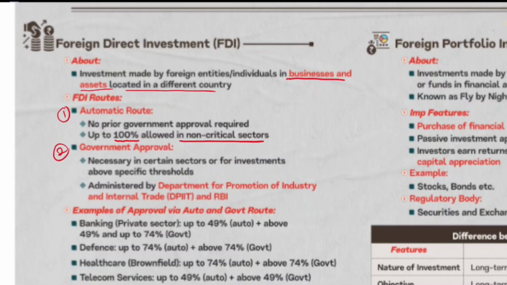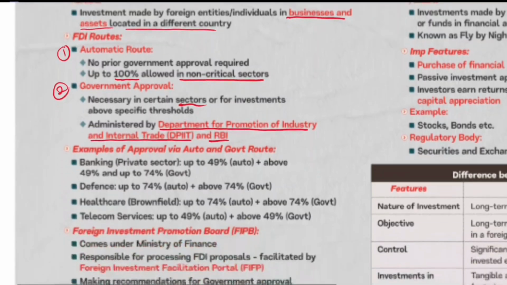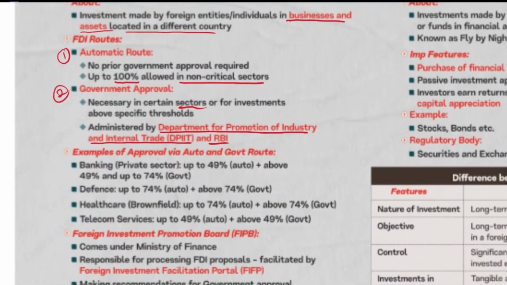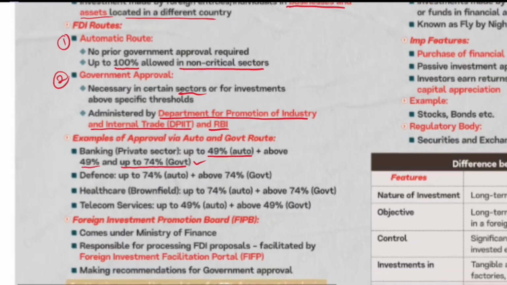Second, government approval is necessary in certain sectors, administered by the Department for Promotion of Industry and Internal Trade, DPIIT, and RBI. For example, in the banking private sector, up to 49% is via the automatic route, and above 49% and up to 75% government approval is required.